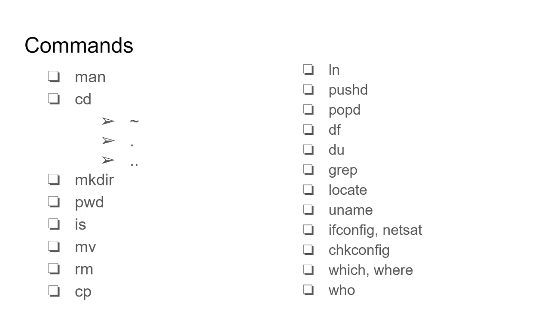Then check configuration to check the configuration of the system, about the file system, where it is present and how it has been created or modified, and in the sense who is actually in the system now and who is working or who are all eligible to access the system.